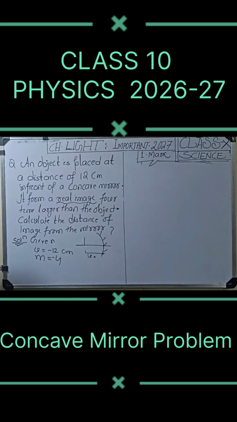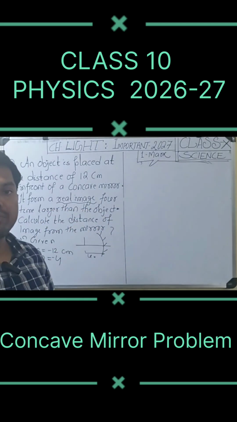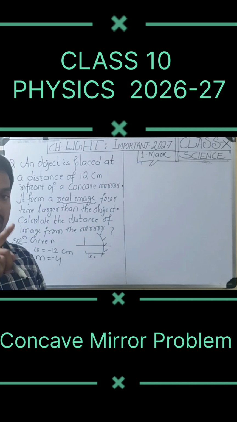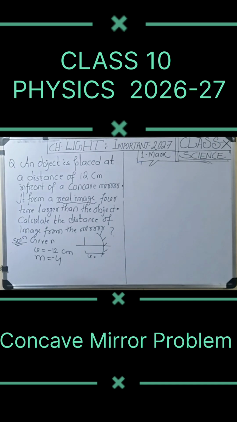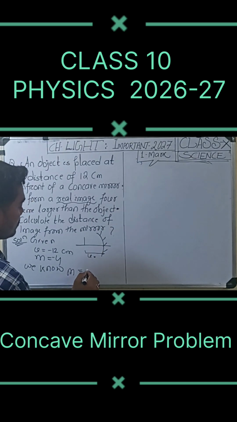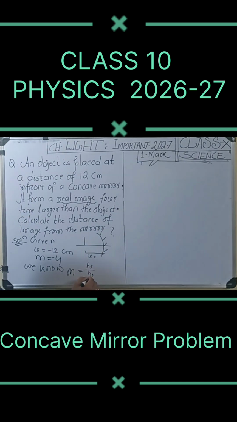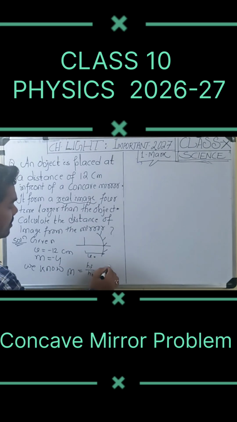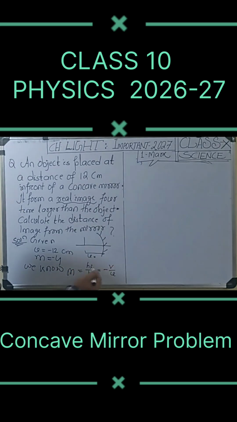The formula for the magnification of a mirror is m = hi/ho = minus v/u. We know magnification m is equal to hi by ho, height of image to height of object, is equal to minus v by u, image distance by object distance.